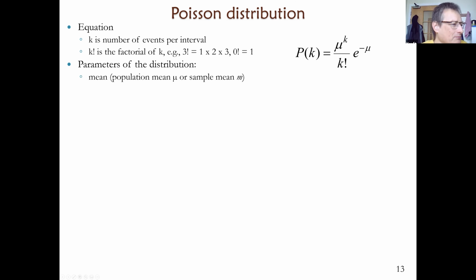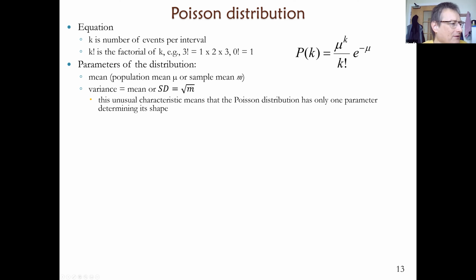This is the mean, either the population or true mean, or the sample mean. And the variance, this is a unique fact about the Poisson distribution: the variance is equal to the mean. In other words, the standard deviation is equal to the square root of the mean.